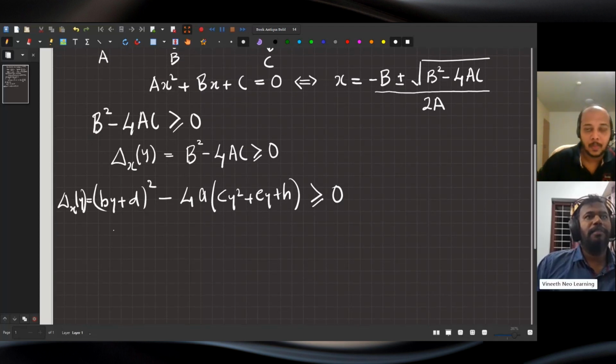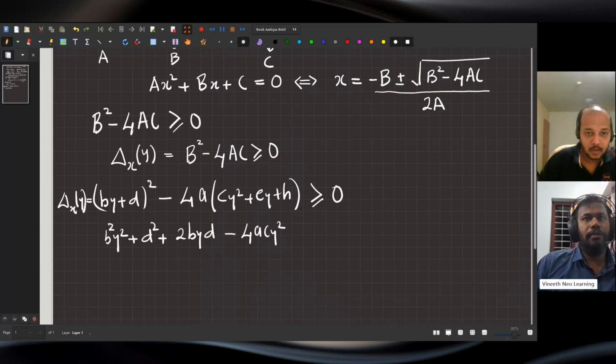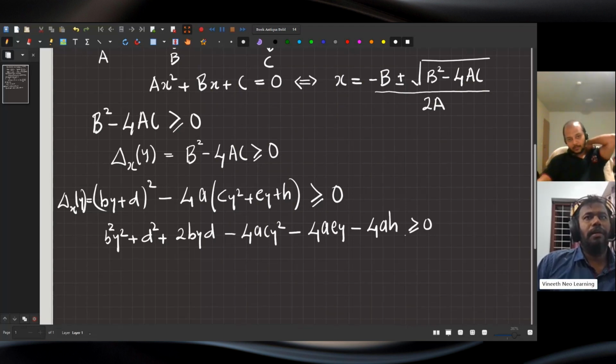Now expand these terms. What will you get? b squared y squared plus d squared plus 2byd, minus 4acy squared, minus 4aey, minus 4ah, greater than or equal to 0. Now collect the similar terms in powers of y.